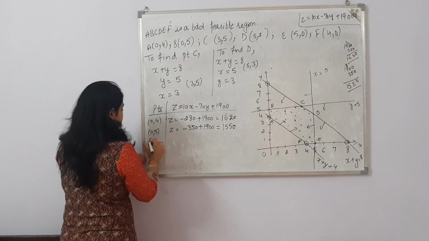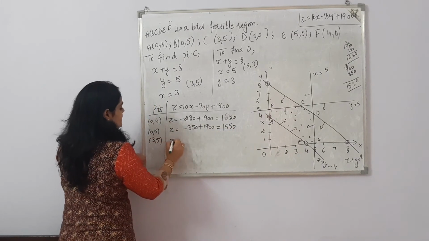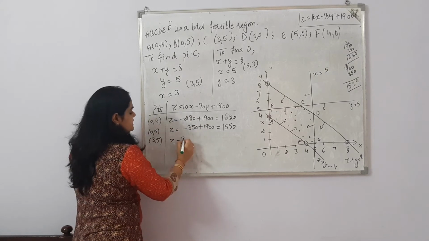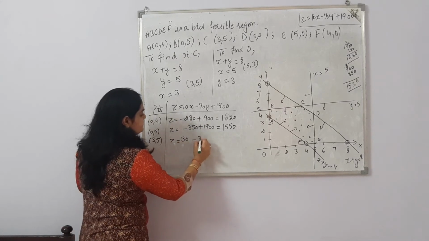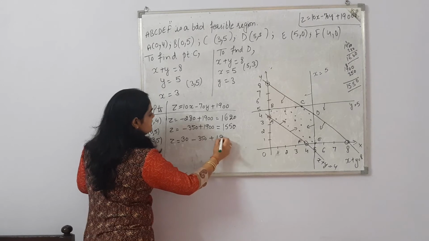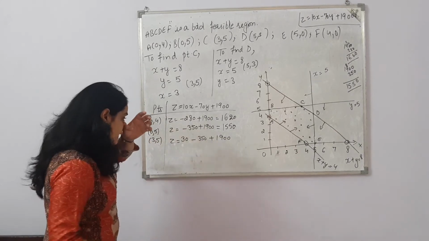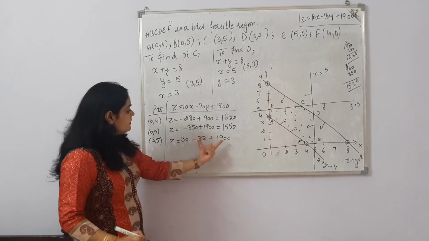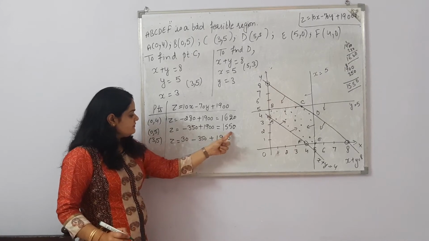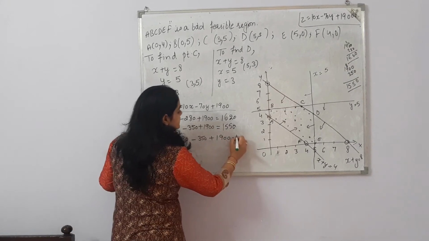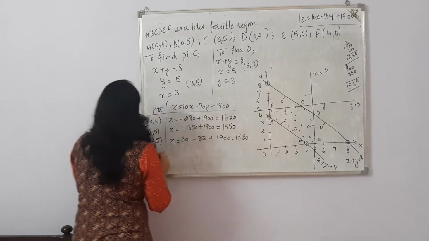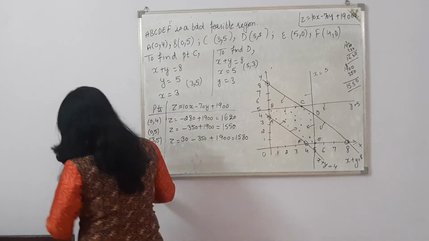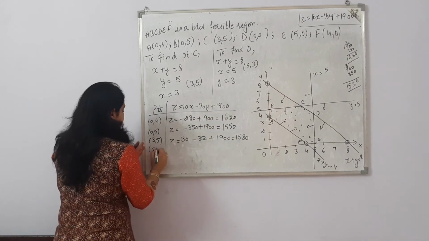Another point is (3, 5). Now 30 minus 350 plus 1900. So its value is 1550 plus 30. It is 1580. Now the next point is (5, 3).